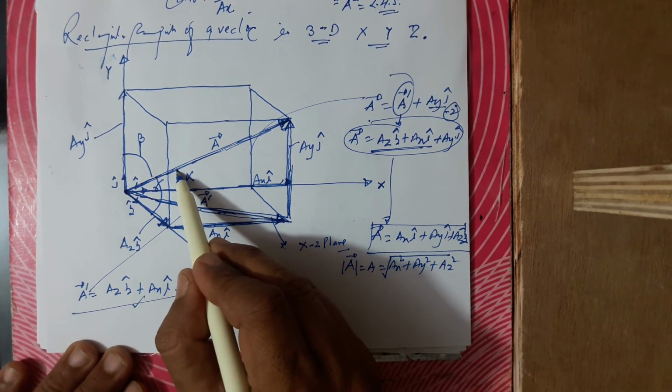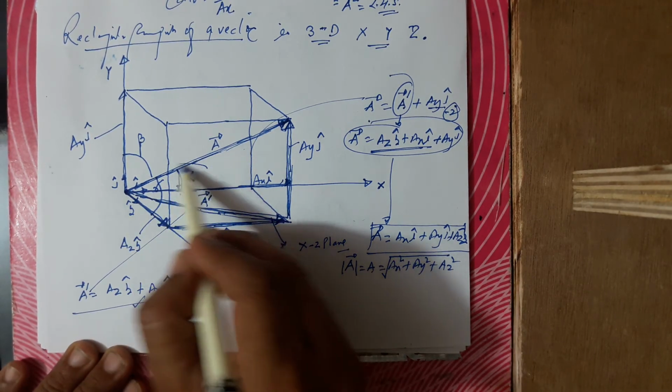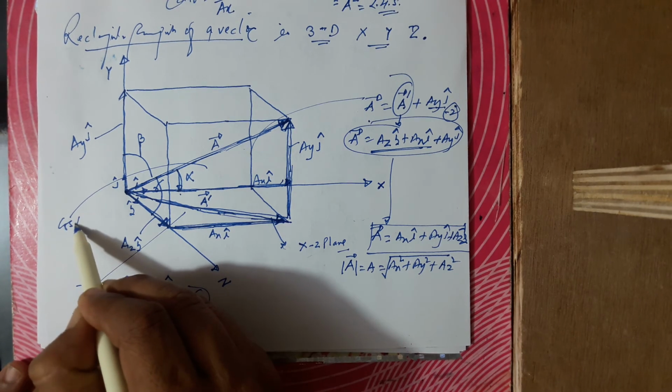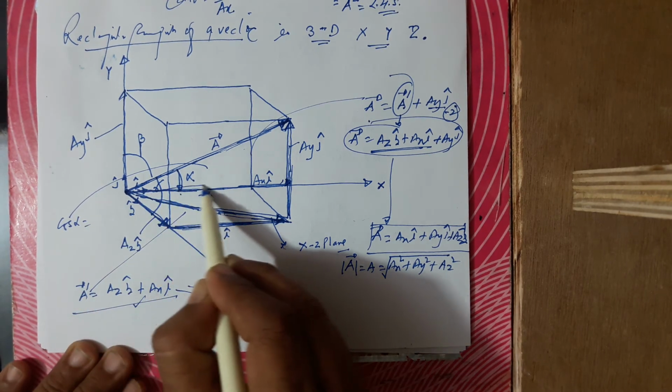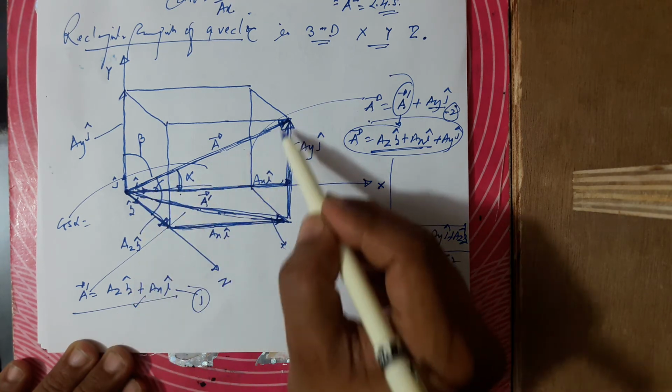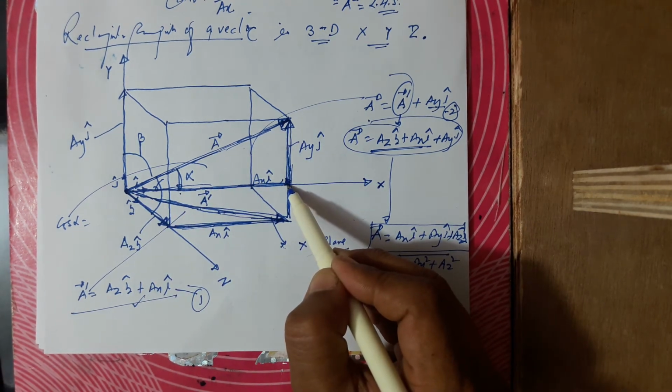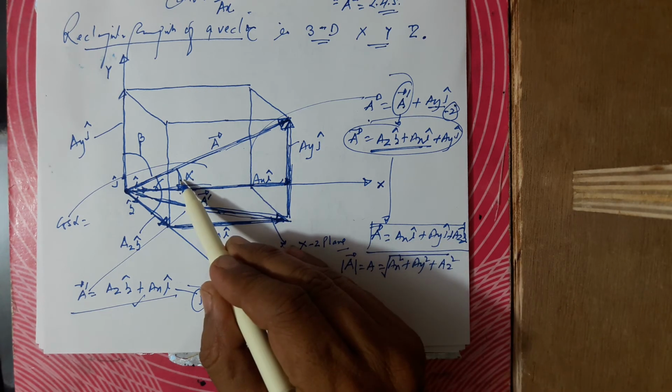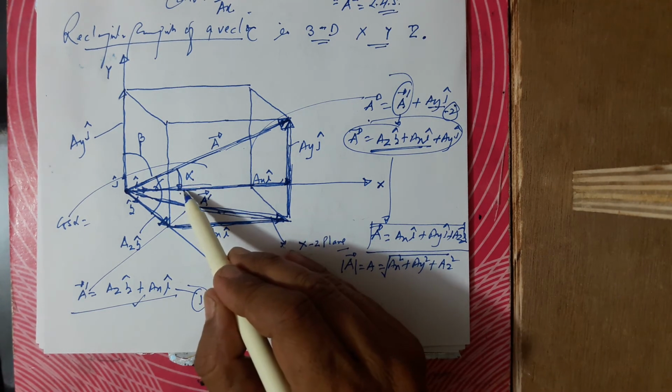If you take this alpha, you can write in this triangle cos of alpha. This triangle, what I am saying, this is right angle. Cos of alpha.